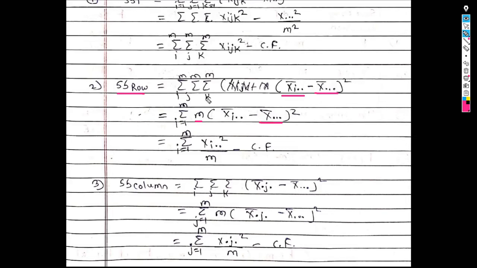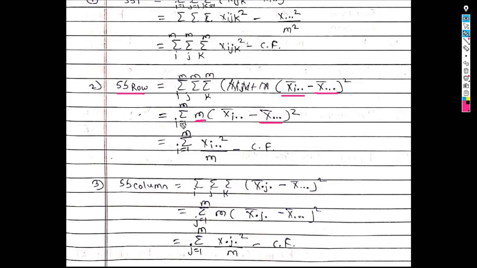Here we know that we have m square number of observations. So instead of these two summations we write only one m. This summation over i we consider as it is, and for the summation over j and k we write m in bracket xi dot dot bar minus x triple dot bar, bracket square.